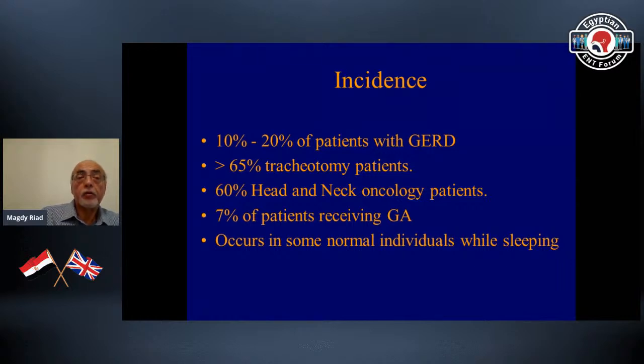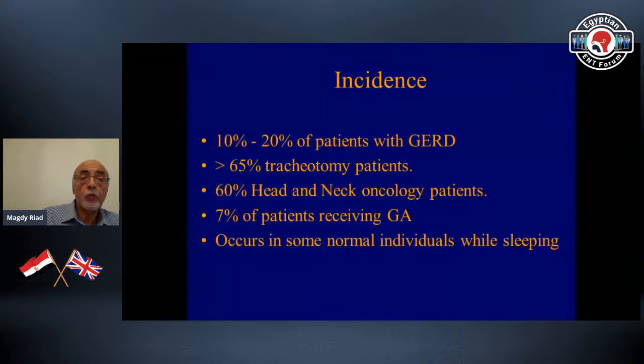And of course, if you have a tracheostomy, the chances would be almost 2 in every 3 cases because of the laryngeal fixation and the loss of reflexes in the larynx. 2/3 of the patients who have head and neck oncology, particularly in the larynx or the pharynx, would have a degree of dysphagia or aspiration. And even if you have a general anesthetic for normal population or for other operations, there will be a significant number of patients who still have temporary dysphagia or aspiration for a while.